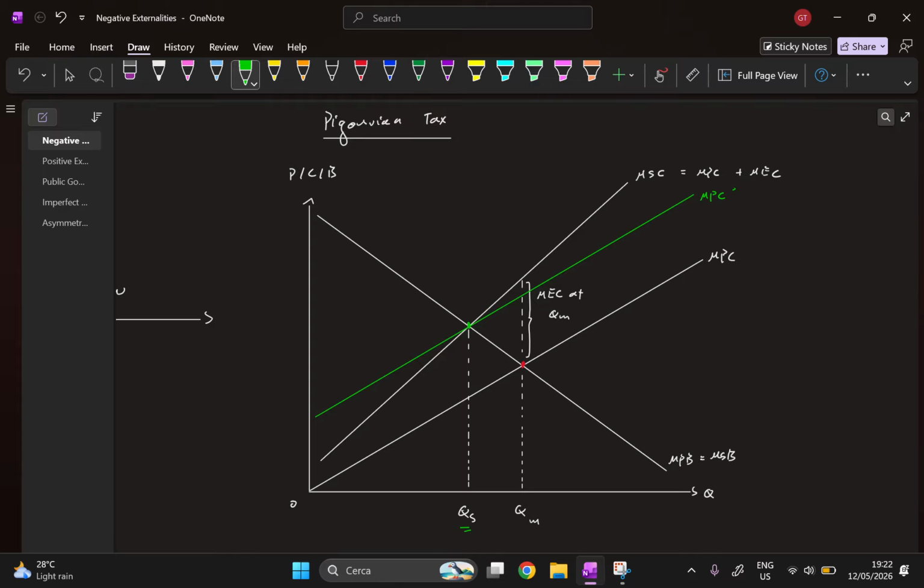Now, to what extent do you need to shift this? If you notice here, I have shifted vertically, but the vertical distance that I have shifted is this part over here. So this part is equal to the MEC at the socially optimal quantity, QS.